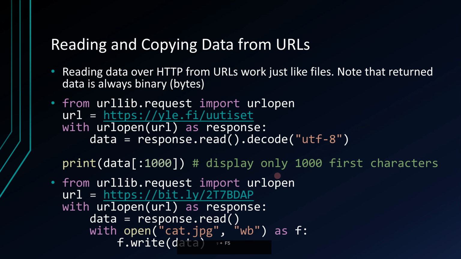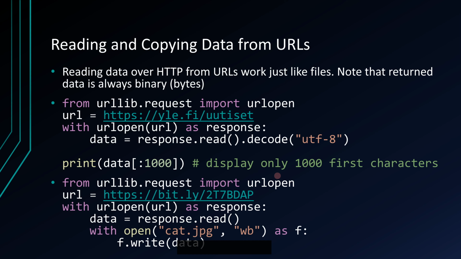So to do this thing we are using a built-in library called urllib.request, and this is a very handy library, one of the most useful libraries I found from the Python standard library, and it works just like reading files. So if you now understood how to do it with files, exactly the same pattern works with these URLs.